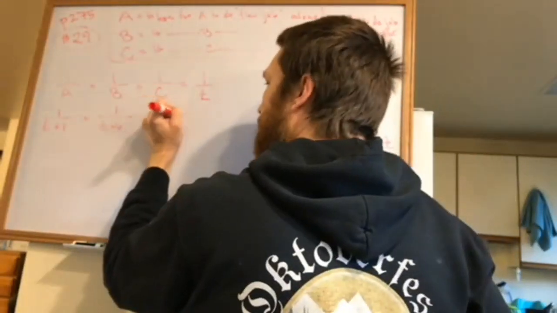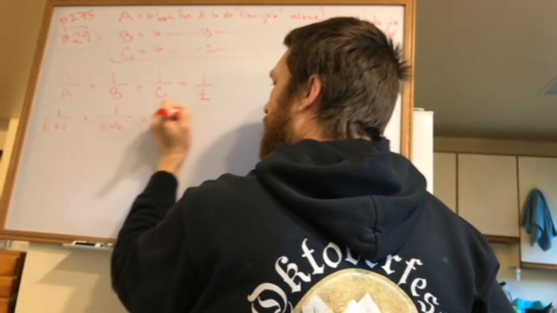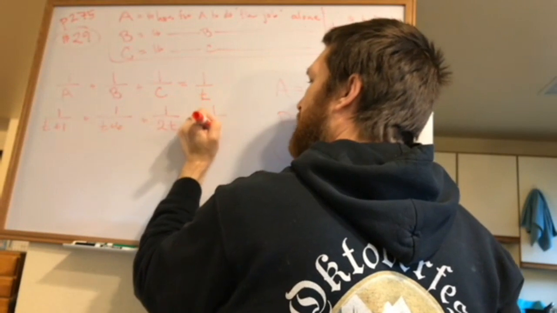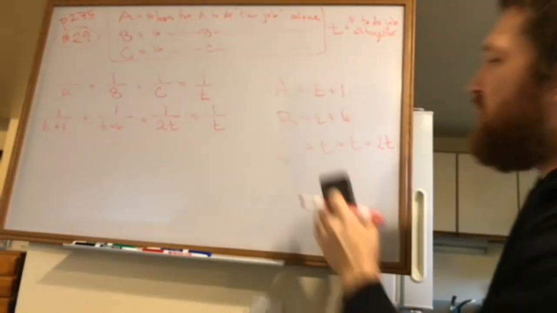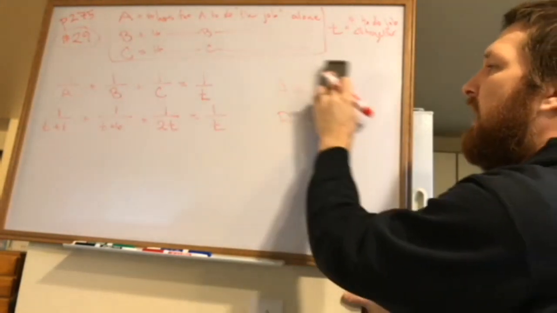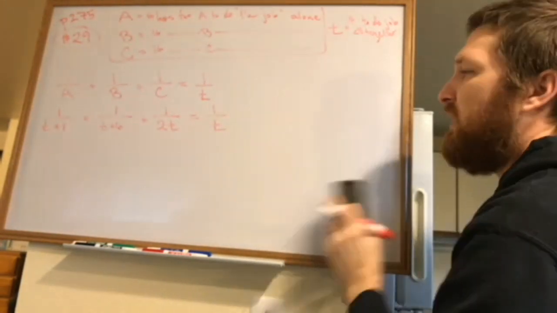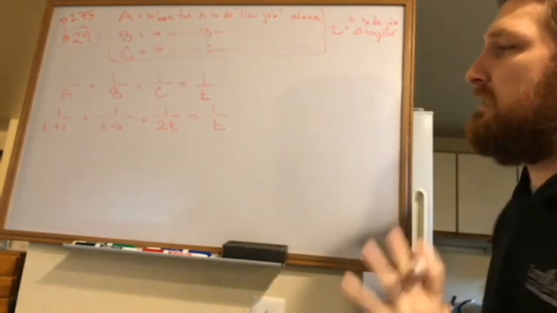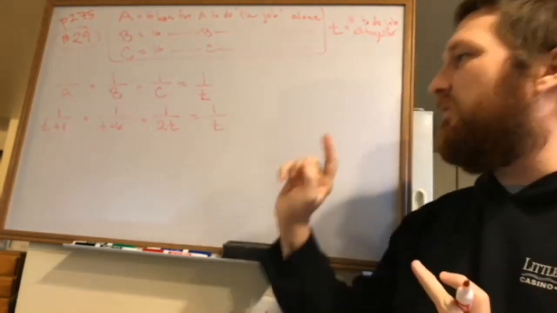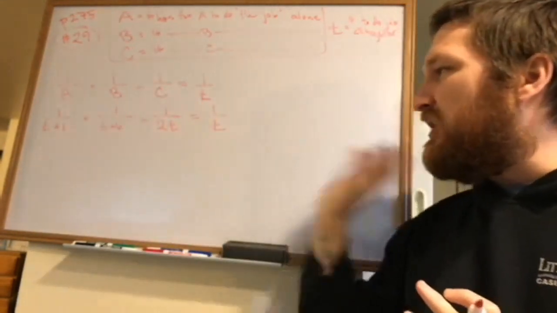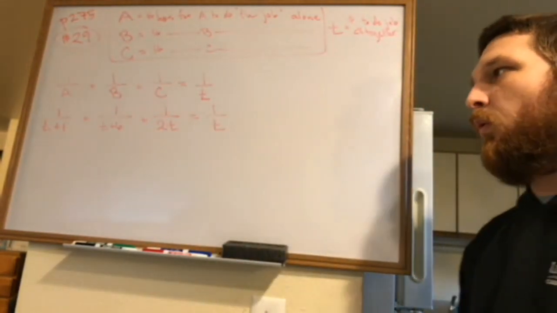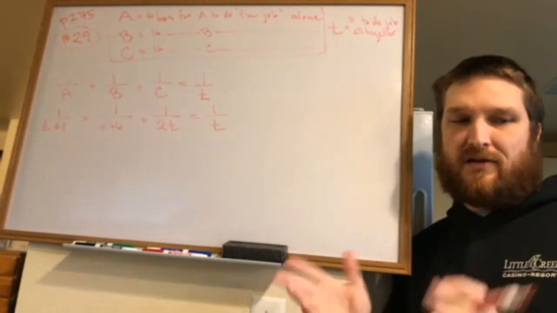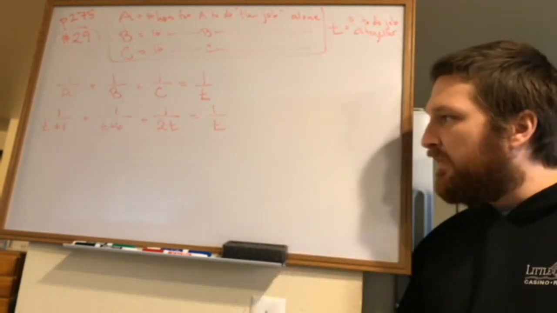Instead of C, I got 1 over 2T equals 1 over T. And now I am in the situation that this whole chapter has been about. I could just look at this and see, yep, I have one variable, one equation. I should be able to do some stuff to this to get T by itself, or maybe get it into some kind of quadratic that I factor or whatever.